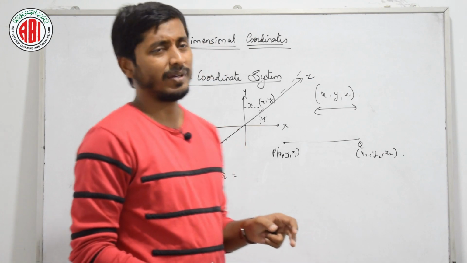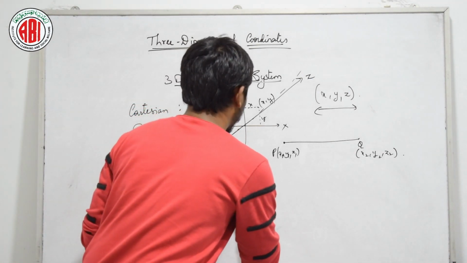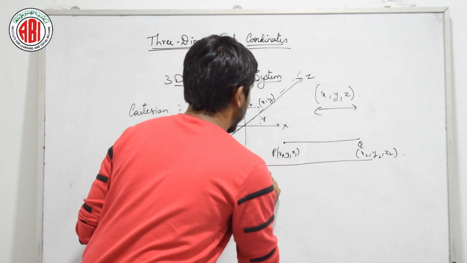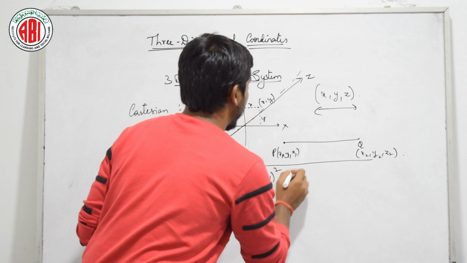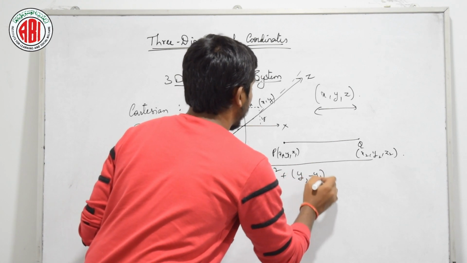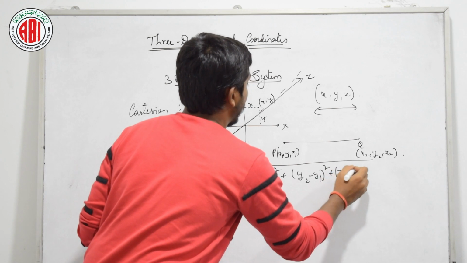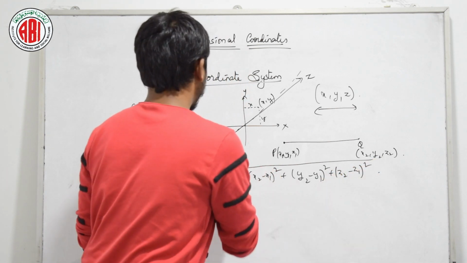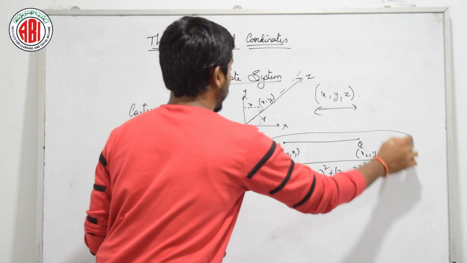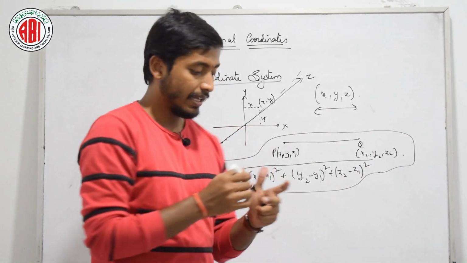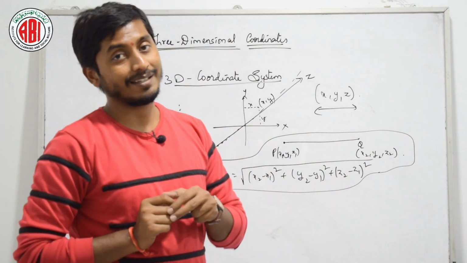The same thing repeats here: under root x2 minus x1 whole square plus y2 minus y1 whole square plus z2 minus z1 whole square. This is the distance between these 2 points in the 3D coordinate system.